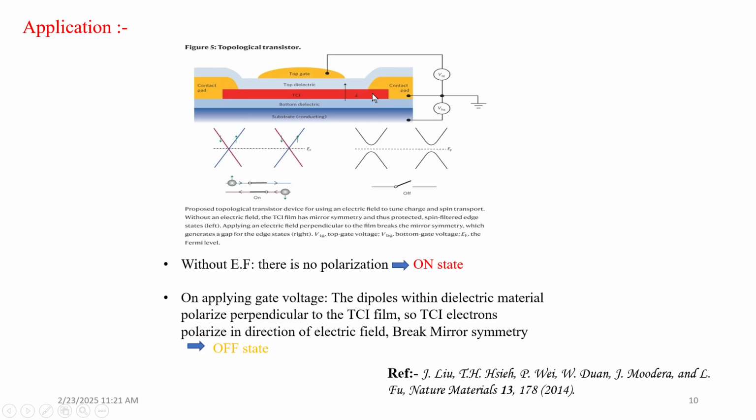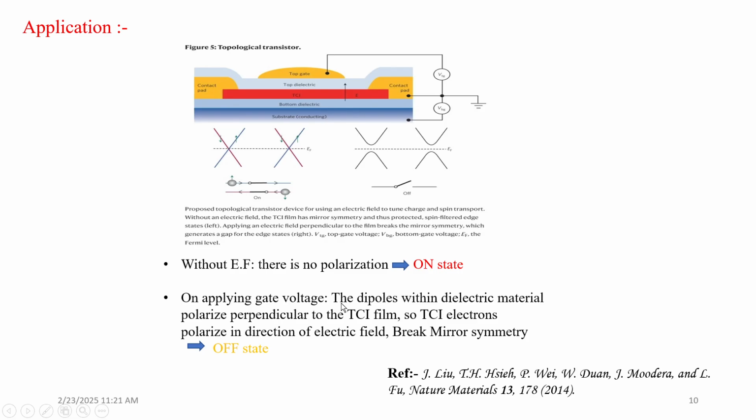But when we apply the electric field, all the TCI electrons are parallel to the electric field direction. So as the electrons are parallel to the electric field direction, the mirror symmetry is broken, and due to the broken mirror symmetry there is a gap, which is the off state.